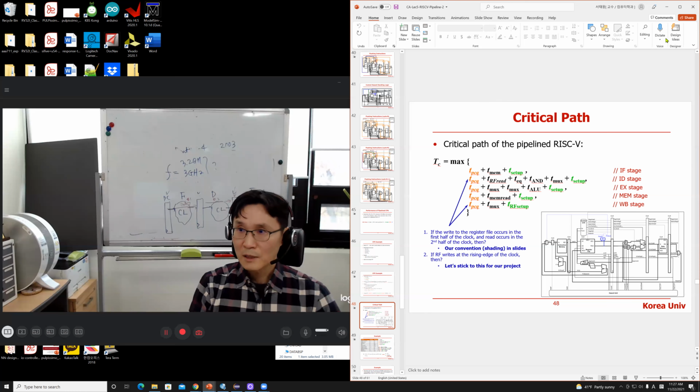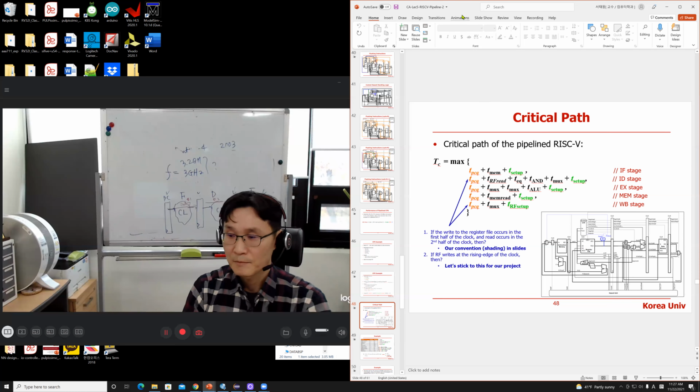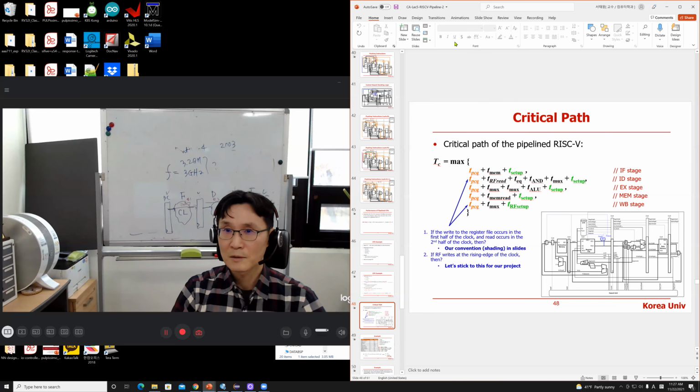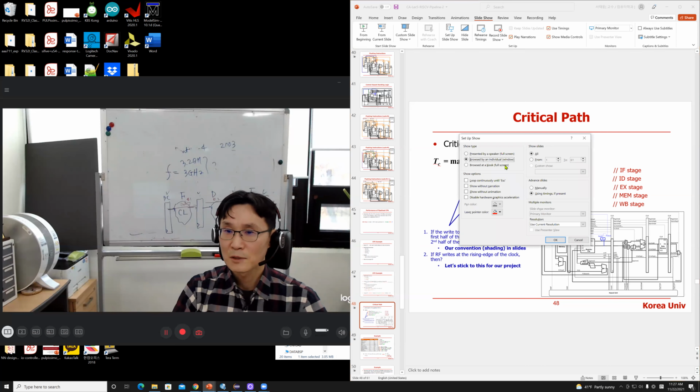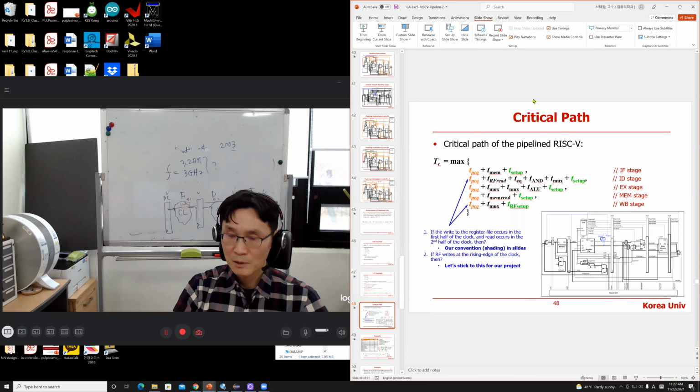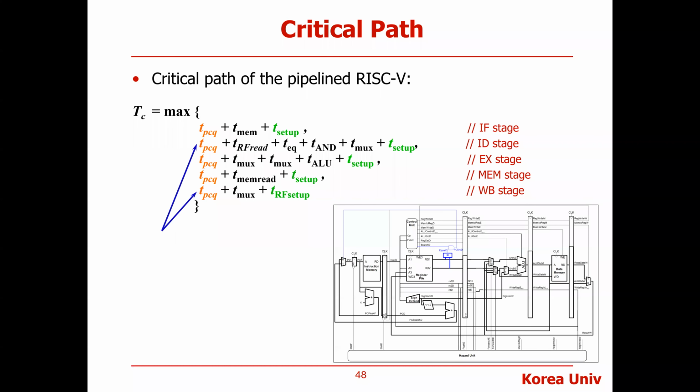For that, I want to draw some paths with PowerPoint. So let me make it full screen and show you the path. Highlight it, setting the color. Okay, this one.